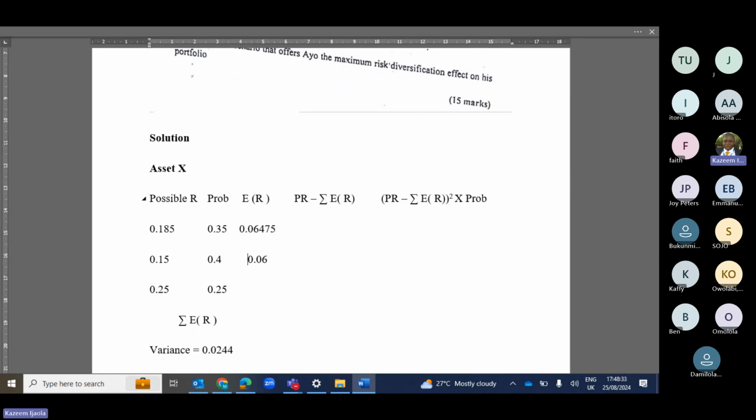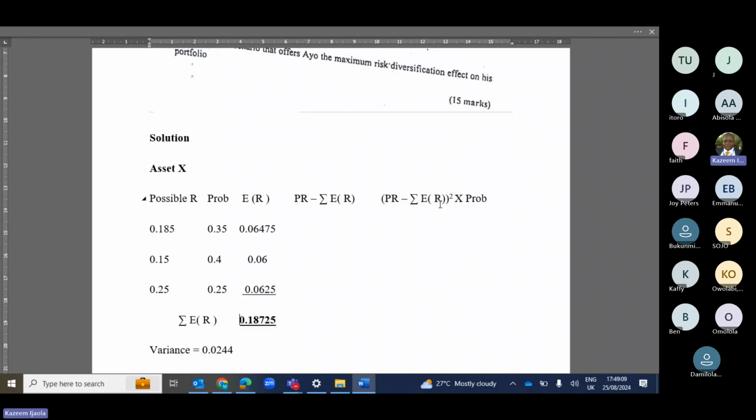Okay, this is 0.06. Then this one is 0.0625. Now, if I add up everything, my expected return is going to be how much? 0.06475 plus 0.06 plus 0.0625 gives 0.18725.